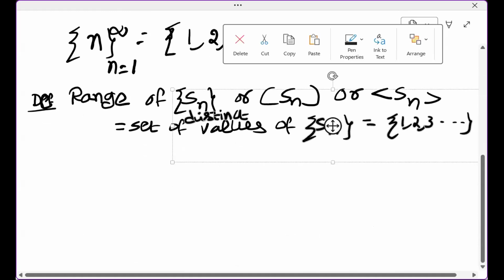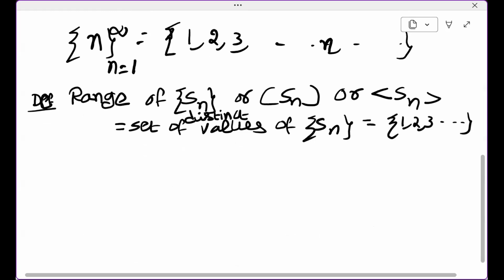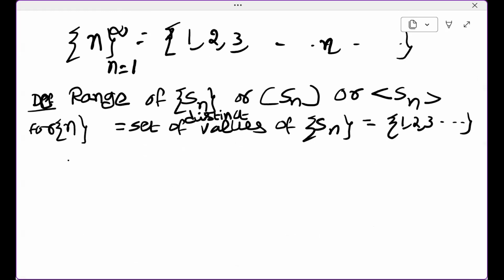That means, for the above example, for this sequence n, the range is 1, 2, 3, and so on, because all are distinct, which is nothing but the natural numbers. So the range of the sequence n, ranging from 1 to infinity, is 1, 2, 3, and so on. All are distinct only. So it is the set of natural numbers.